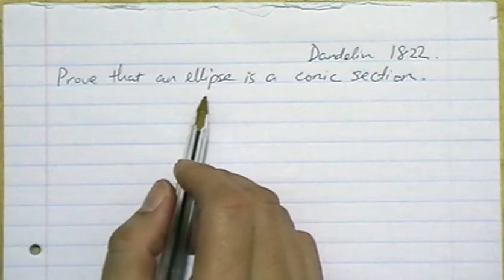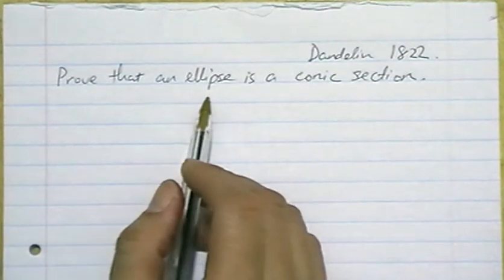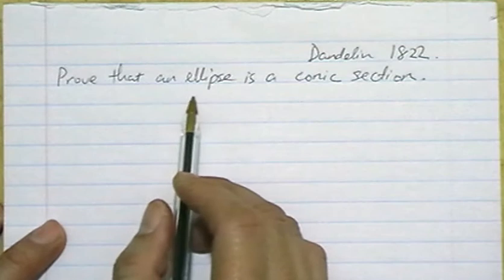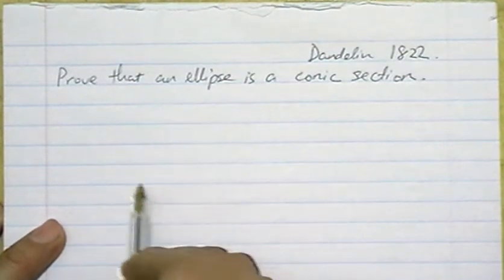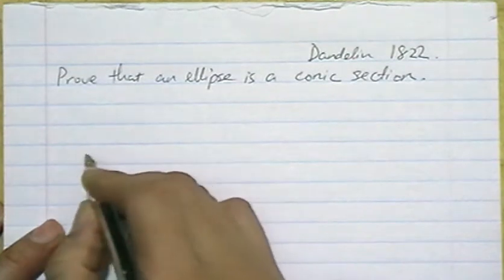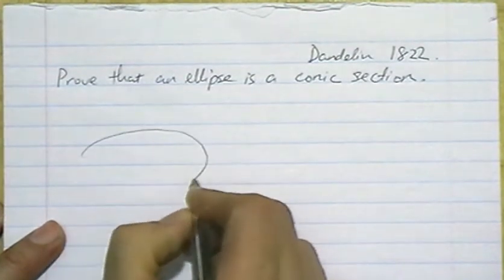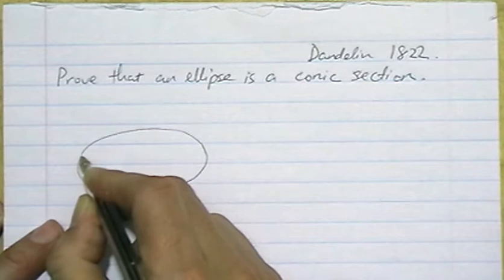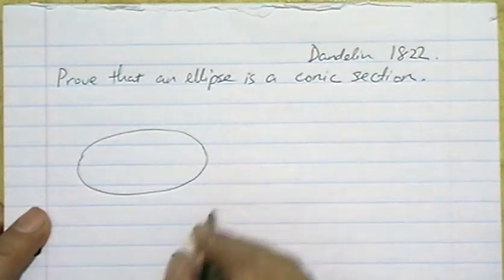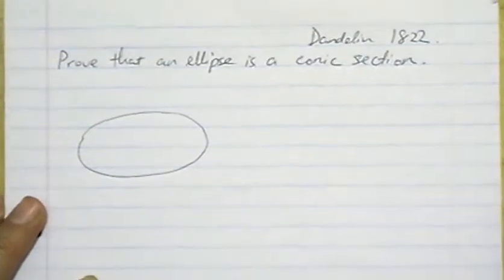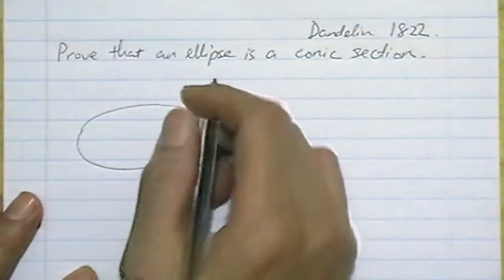In everyday language, we might simply think of an ellipse as something with an oval shape, like that. In mathematics, there is a more precise definition.